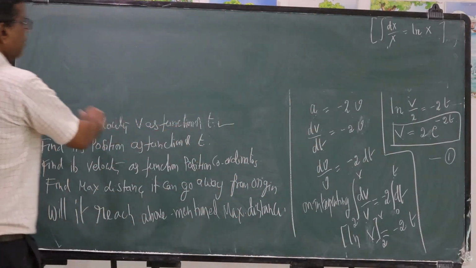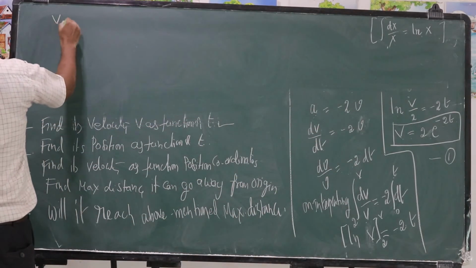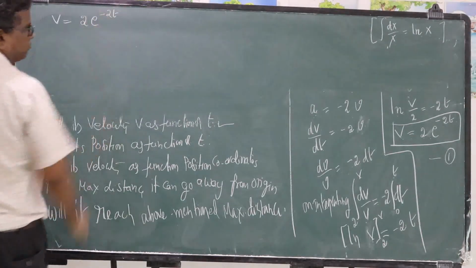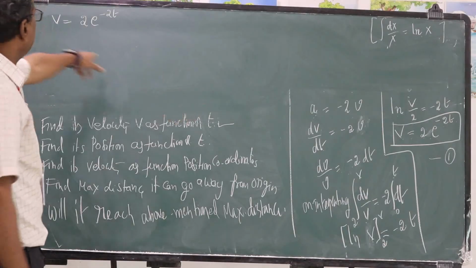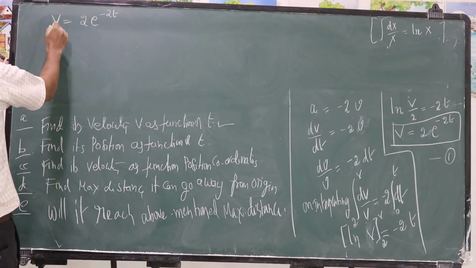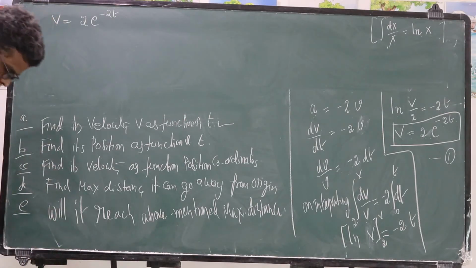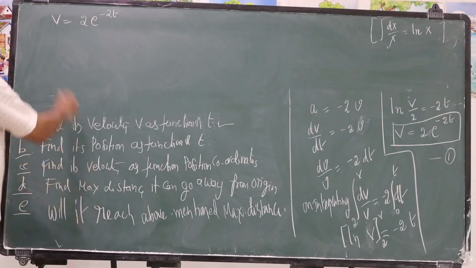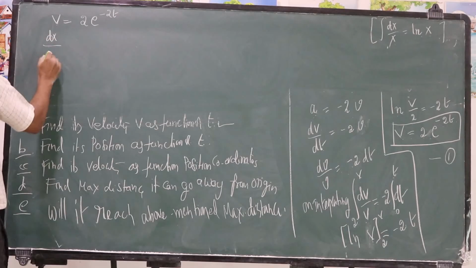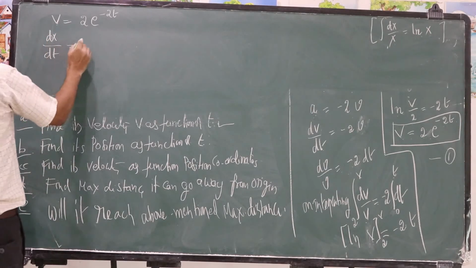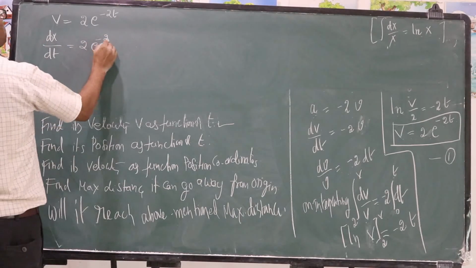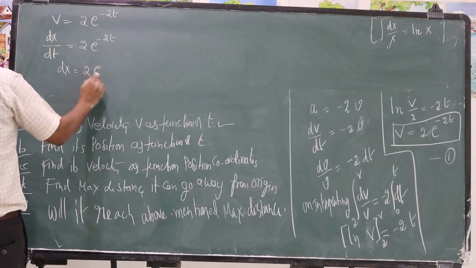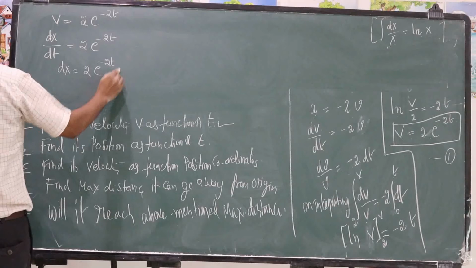Again you integrate. We have v is equal to 2 e to the power minus 2t, equation 1. Velocity can be defined as dx by dt is equal to 2 e to the power minus 2t. So dx is equal to 2 e to the power minus 2t dt.